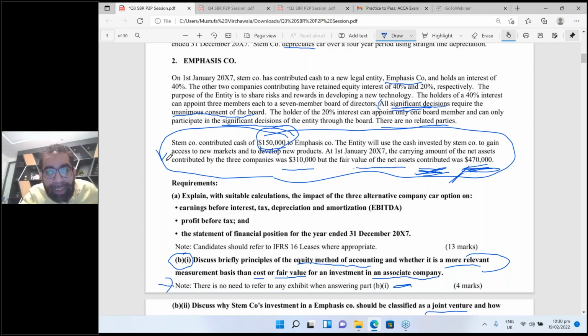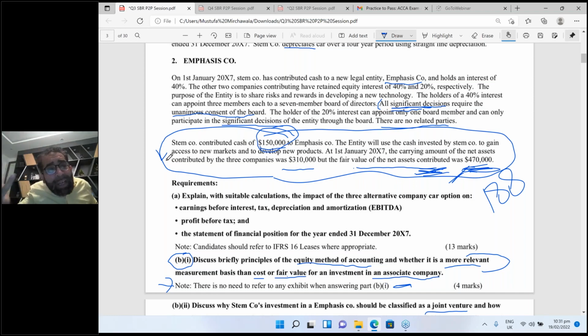But the total fair value of net asset contributed was 470, which means the worth of this new company made by the three of us is 470,000, and 470,000 times 40% is 188. So we as STEM company should have contributed 188,000, but the other two agreed for 150.